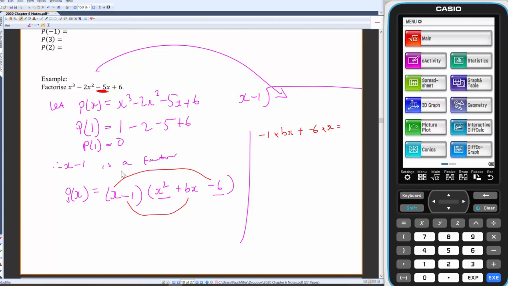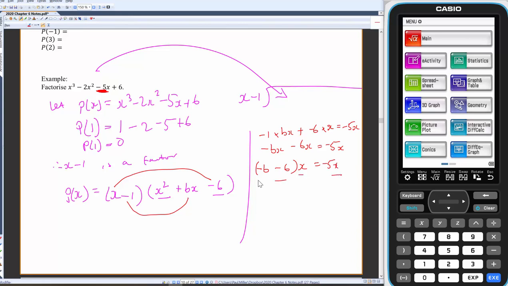So when those are expanded out, when I collect them together, must equal the x term over here, which is -5x. All right, what we'll do is we'll simplify the left-hand side. That's -bx take 6x equals -5x. All right, let's pull x out as a common factor and say that this is (-b take 6)x equals -5x.